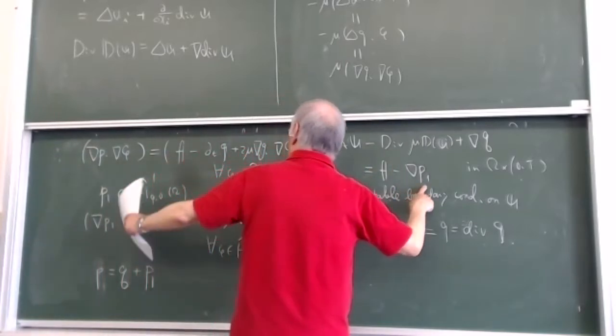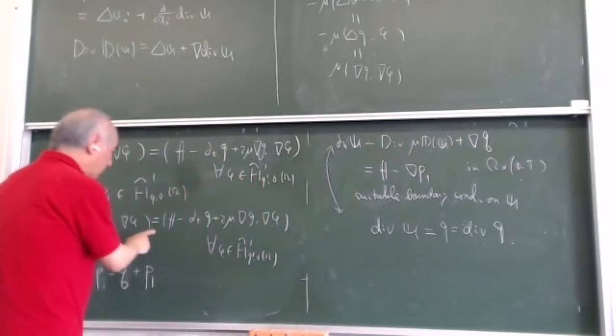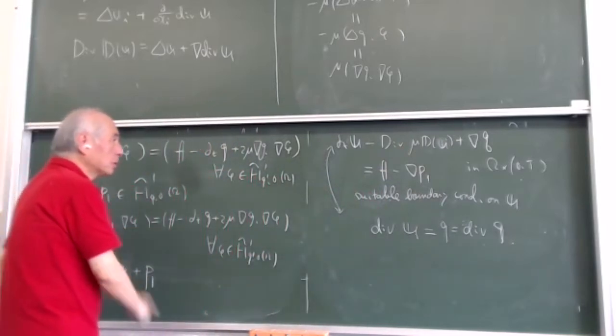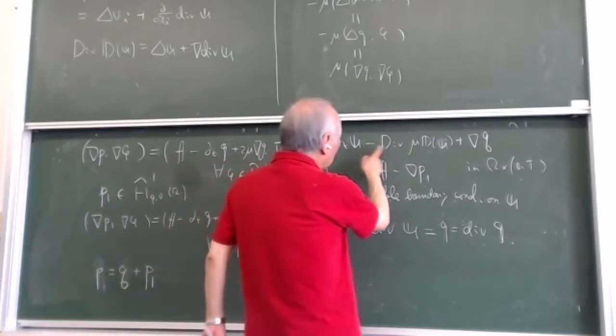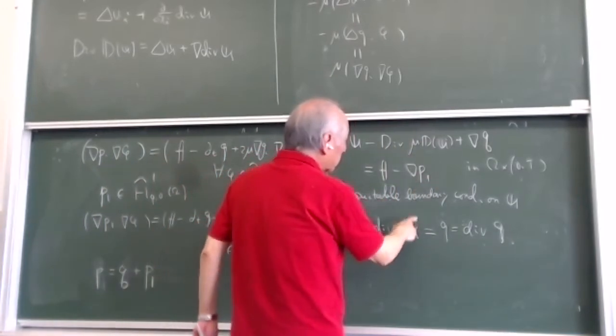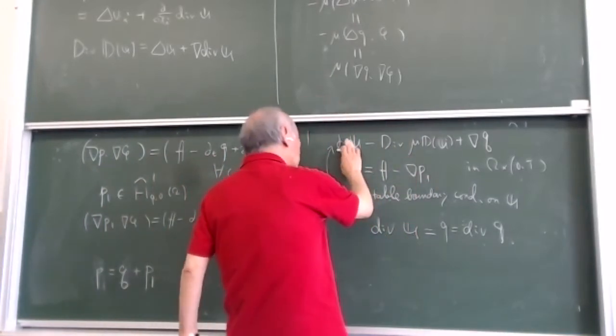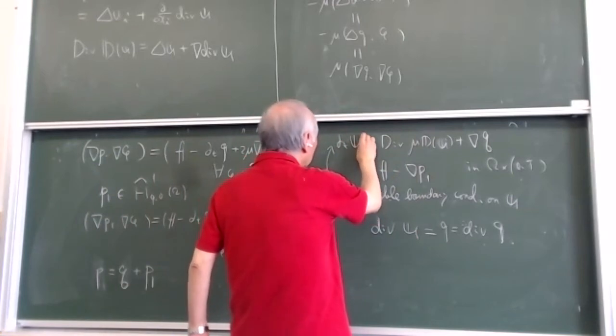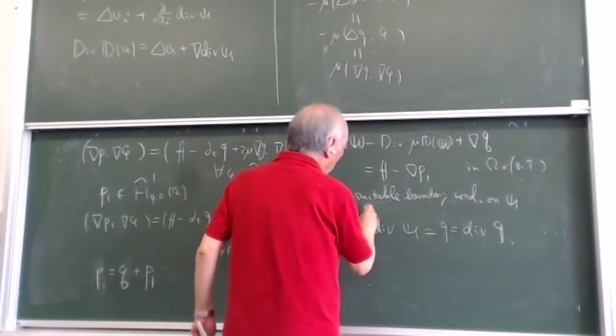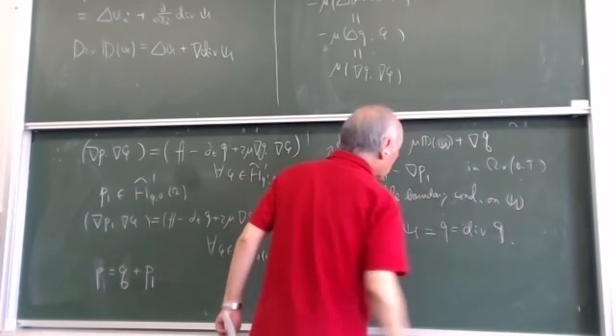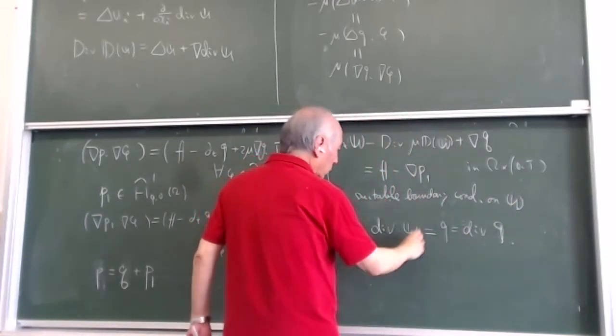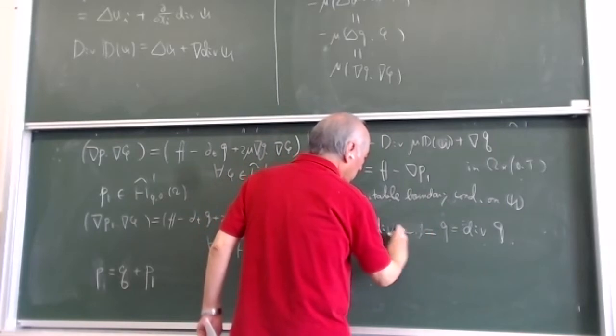P1 is just the solution to this one. So pressure, in some sense, fast pressure. And then U is this one, solution to this, or maybe W is much better. Sorry. The W satisfies some boundary condition. This boundary condition guarantees that the W equals 0.